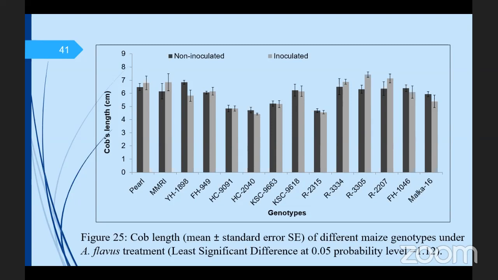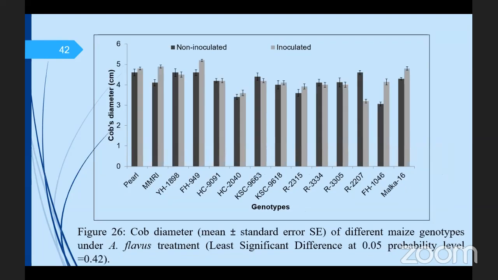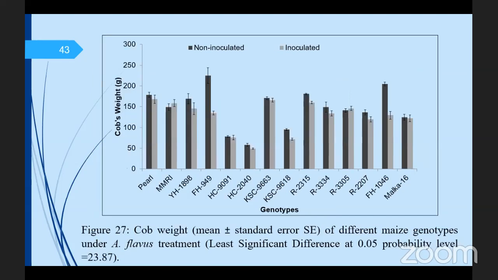Or in other words, we can say that cob length is not affected by Aspergillus flavus inoculation, and the cob diameter also had no effect or a variable response toward the treatment.